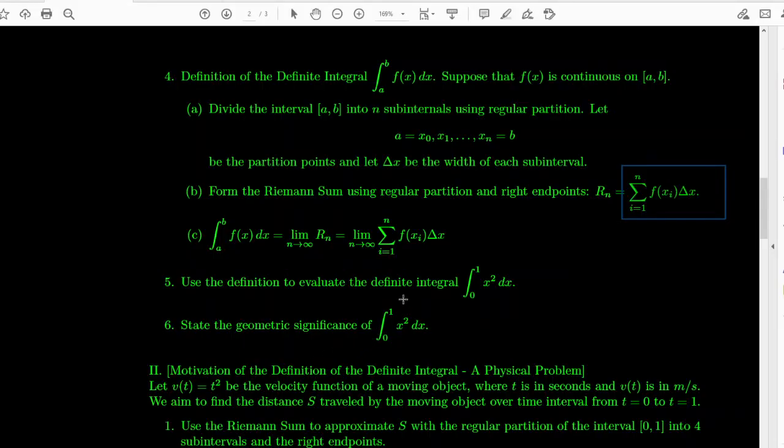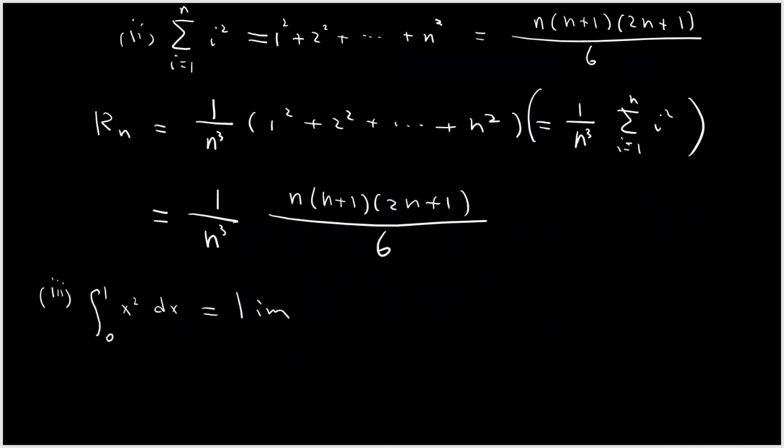The definite integral of a function, in that case x squared, from a to b, in that case from 0 to 1, is defined as the limit of the Riemann sum as n approaches infinity.